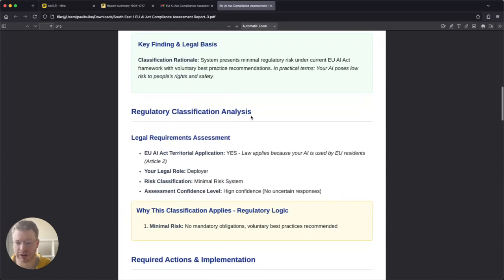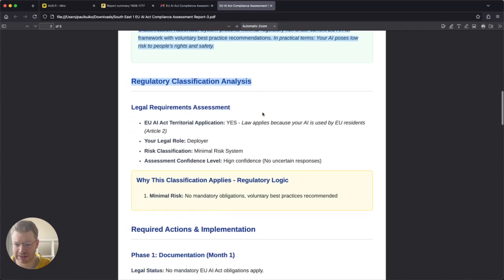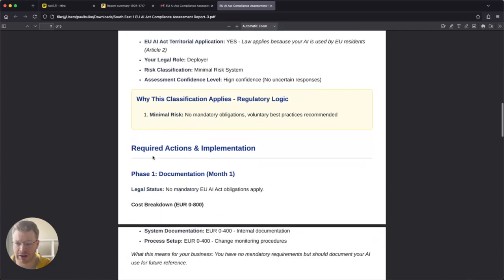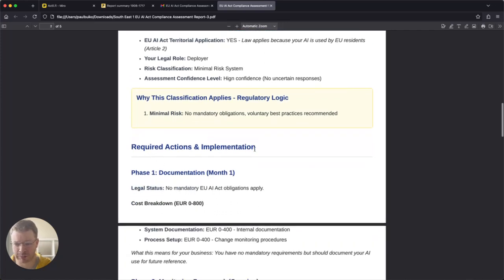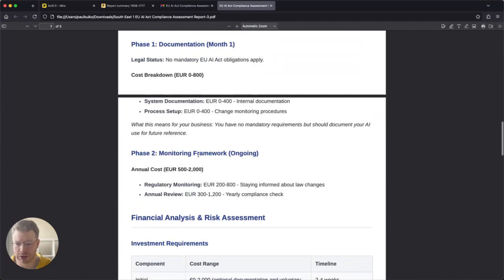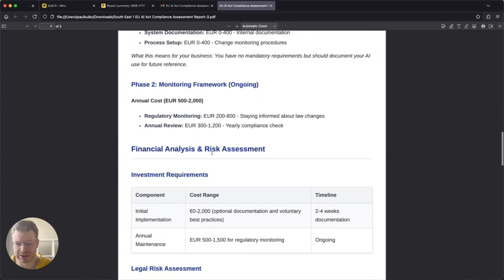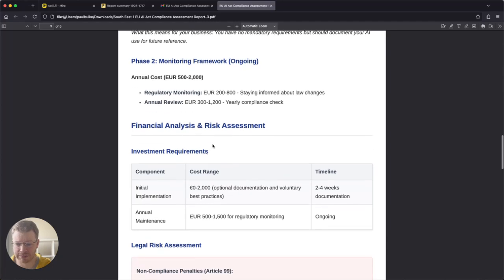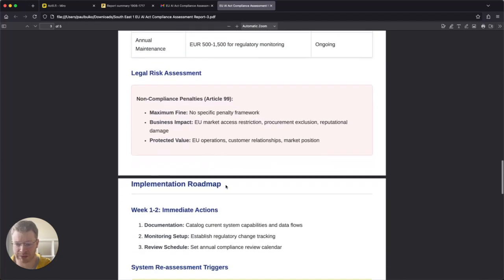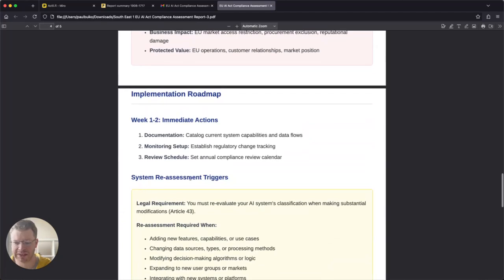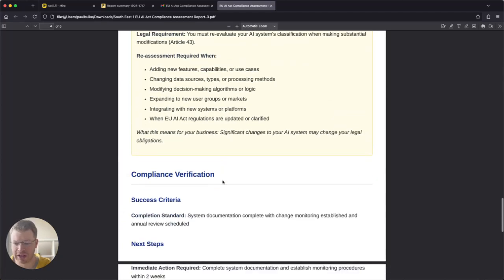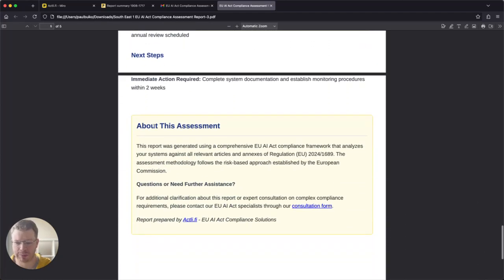Here's the regulatory classification analysis. Here is the required action and implementation. Here's a financial analysis and risk assessment. Here is the implementation roadmap. Here are system reassessment triggers. And here's some additional information.